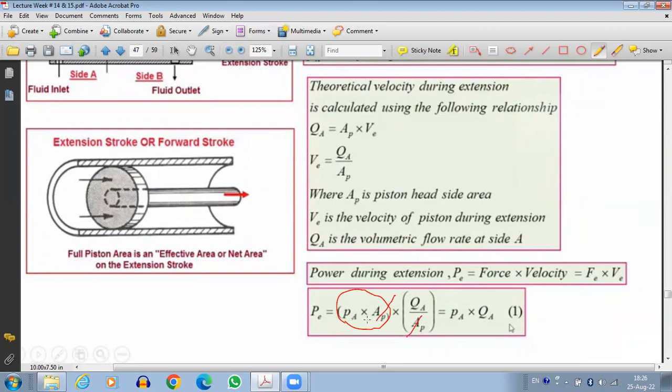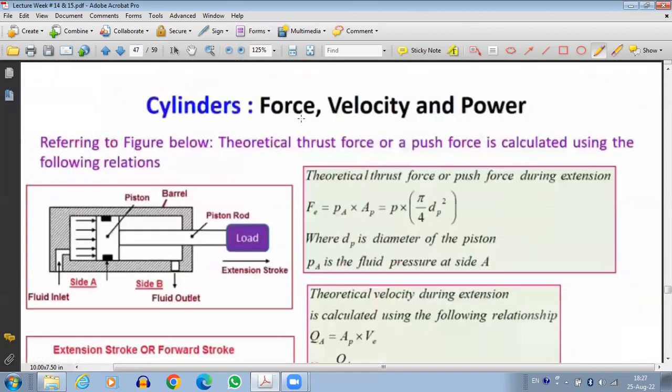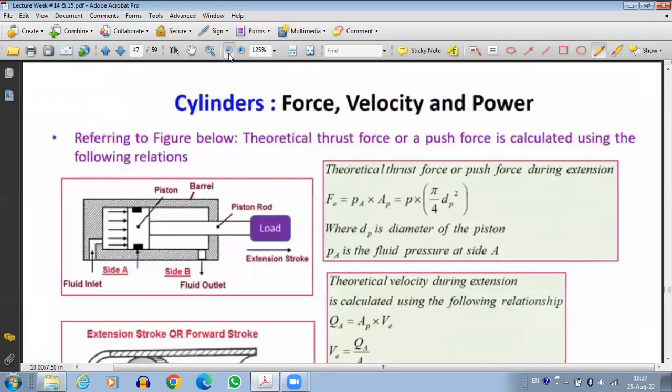So we'll have the power of extension equal to the pressure PA multiplied by the volume flow rate in. So these are some of the basic formulas that we are going to use here. This is for the case of extension.